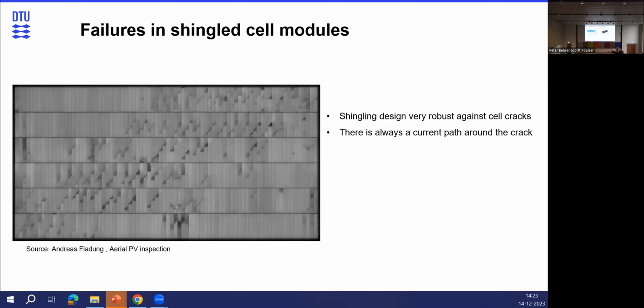And lastly, the true shingled modules using electroconductive paste can also be affected by cell cracks. These are some modules from the field. Although they look pretty bad, due to the way the cells are connected together, there will always be a current path from the cracks to the electrical circuit of the module or around the crack, making it look worse than it actually is.